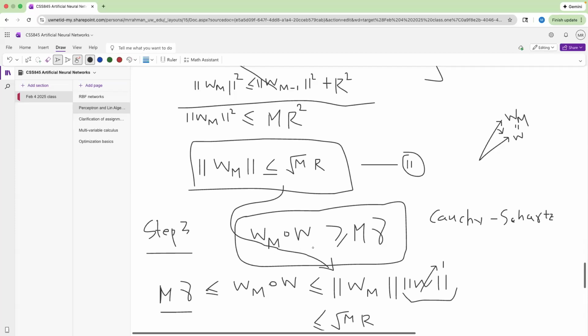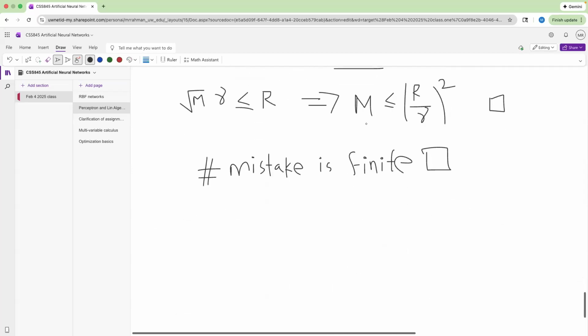And we know that W is a unit norm vector. So these two combined make sure that Wm converges to W, which makes sure that we have a linear classifier that separates the data, but at the same time that can happen in a finite number of iterations, which is this bound M. This means that the number of iterations is finite. Okay. All right.